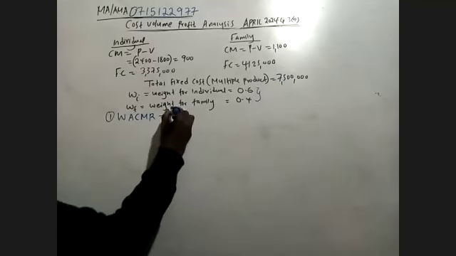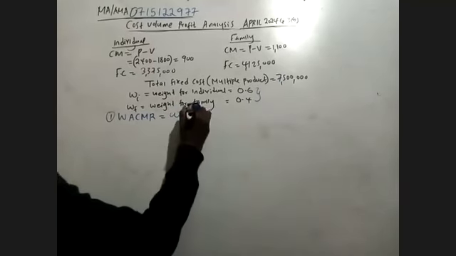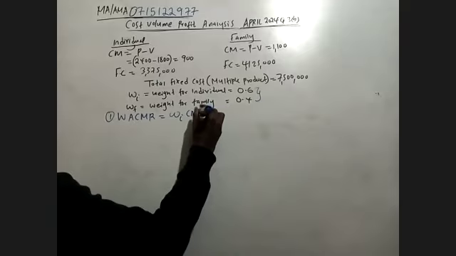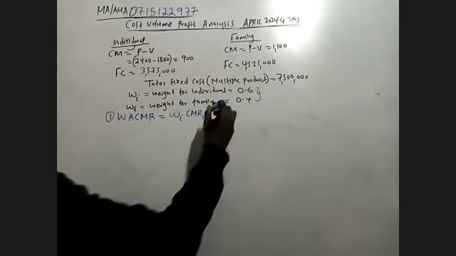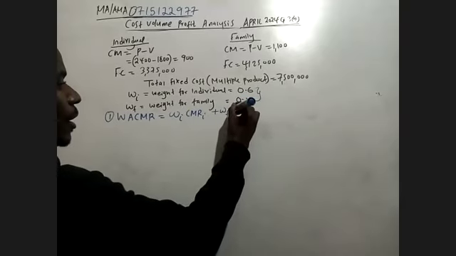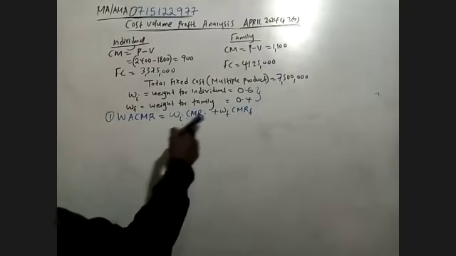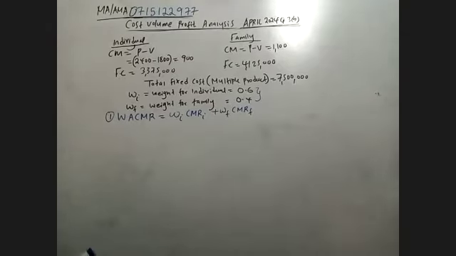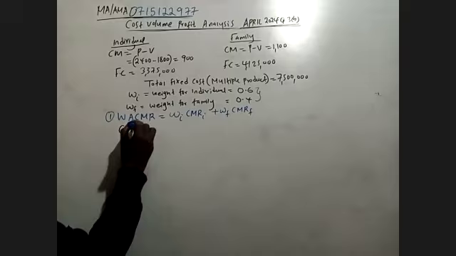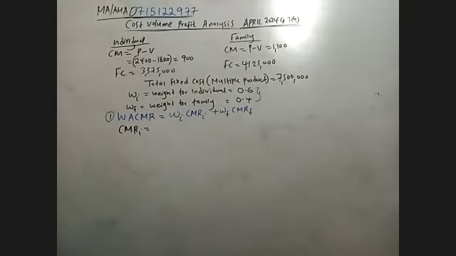We know this weight of I times CMR of I plus weight of family times CMR of family. Now we have the weight. That one is fine. Now we need to find the CMR. So what is the formula for CMR?